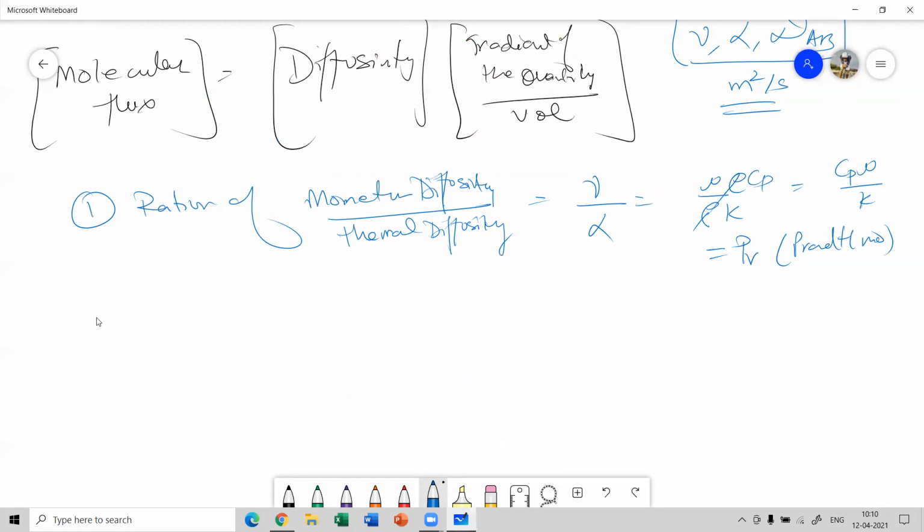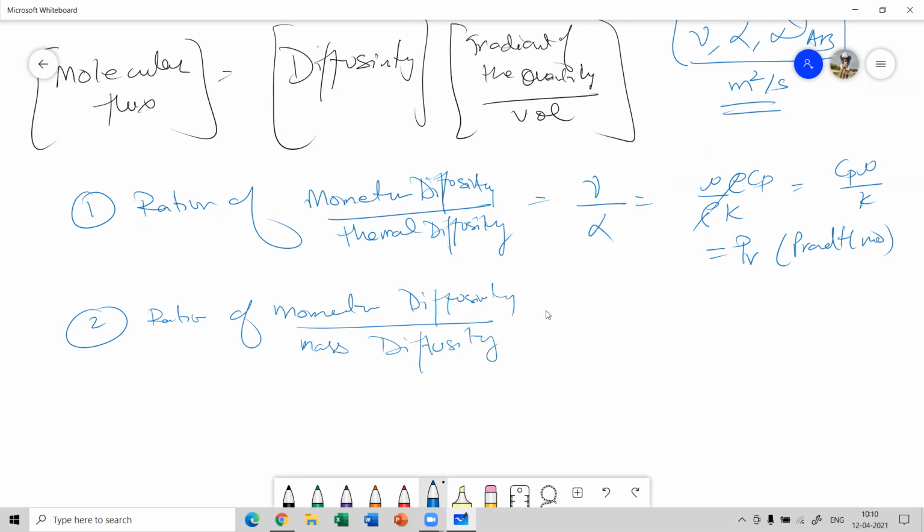Second, if you take the ratio of momentum diffusivity to mass diffusivity, it's a dimensionless term which goes by the name Schmidt number.